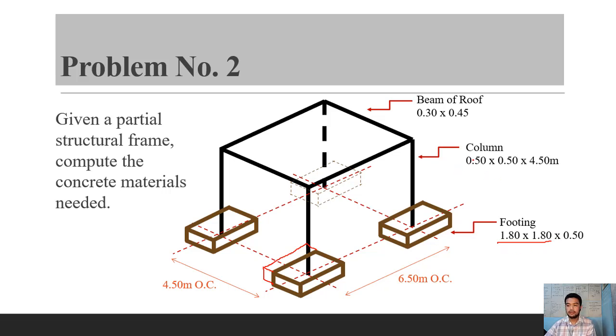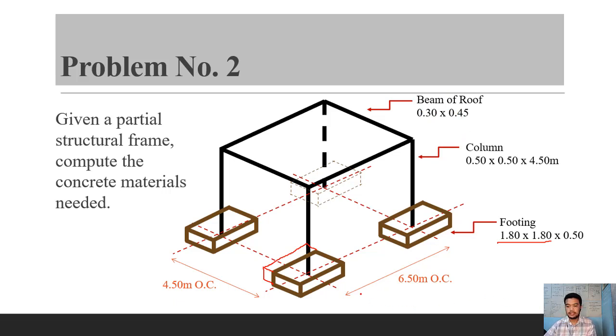Okay, how about your column? Your column will be 0.5 by 0.5, so this is a square column also. But the beam will now be 0.3 meters by 0.45 meters.